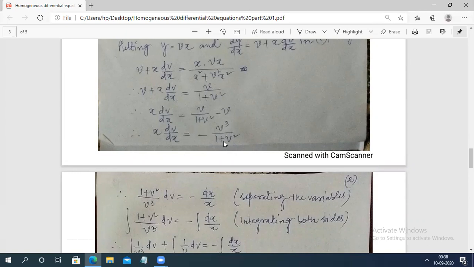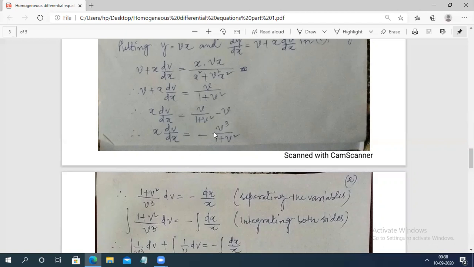Now you can easily see that the variables v and x can be separated out: this 1 plus v square by v cube along with dv, and 1 by x along with dx.